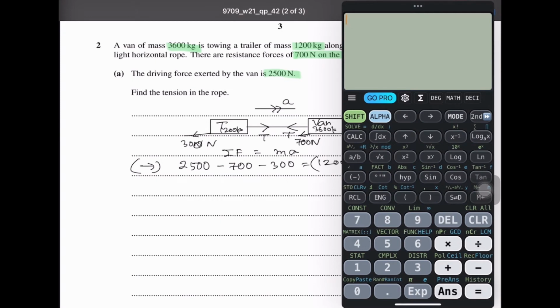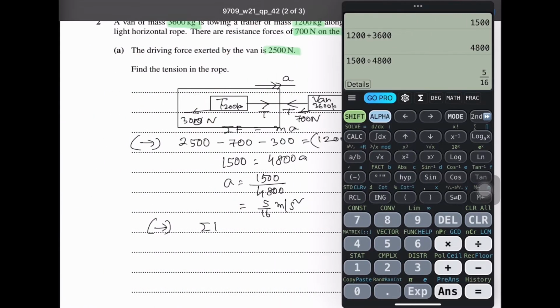There is 2500 minus 700 minus 300. We are having 1500 equals 1200 plus 3600, so this is 4800a. And if we simplify, we are having 1500 divided by 4800. And if we simplify this, we are having 5 by 6.